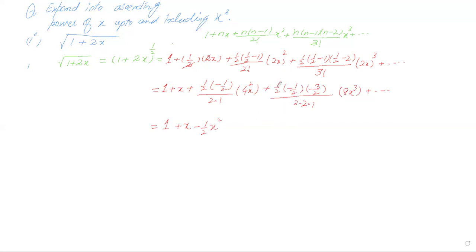In this case, you will get 1 by 2, 1 by 2, 3 by 2 will be cancelled out in this one, and you will get the plus 1 by 2 x cubed. Just try to understand and calculate with the help of the calculator, to check whether my fractions are wrong or my fraction answers are correct.